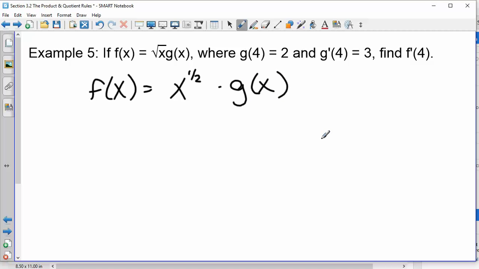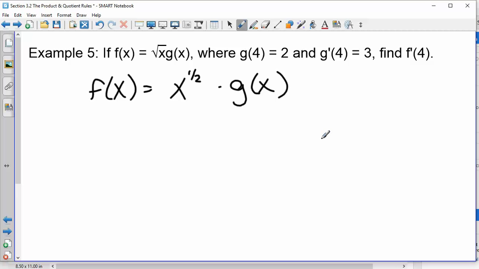I don't know what g of x is. It's some function, but I didn't tell you what it actually was. I am telling you that g of 4 equals 2 and g prime of 4 equals 3. Find f prime of 4.